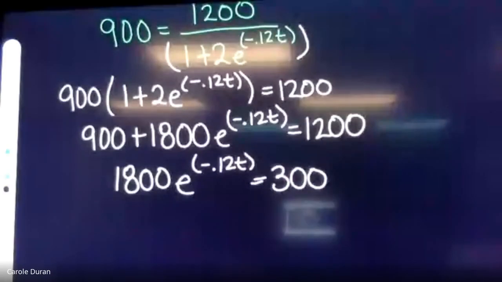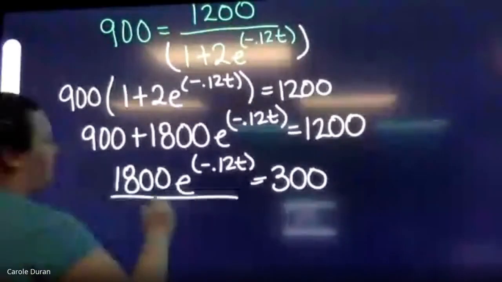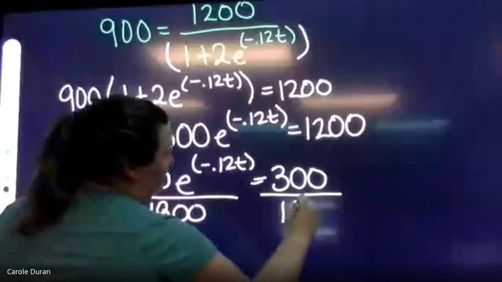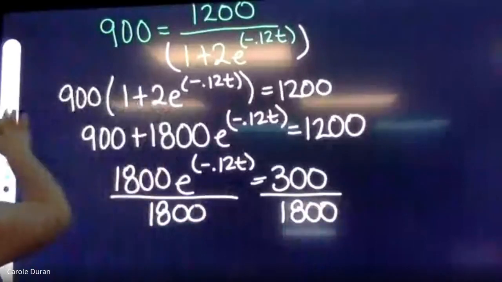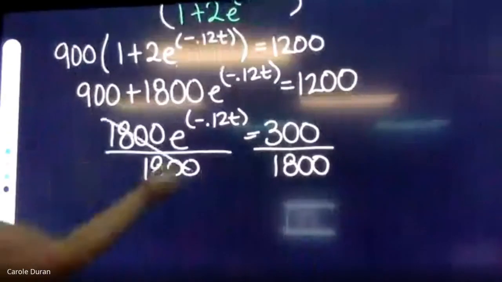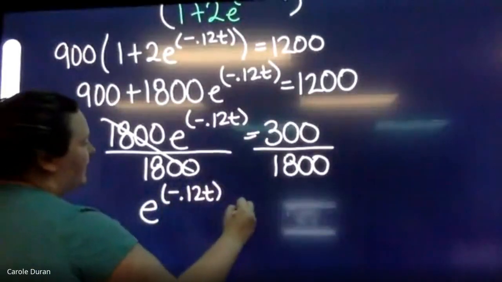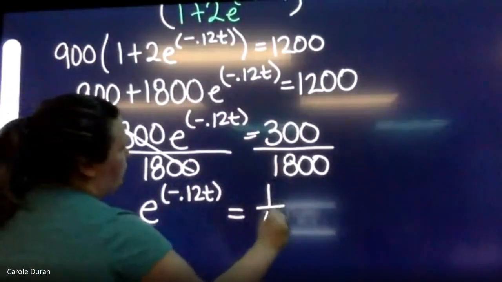Then divide by the 1,800 on both sides. These cancel, and I just have e to the negative 0.12t equals, this simplifies into 1 over 6.